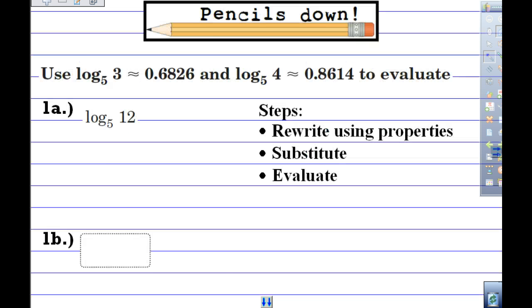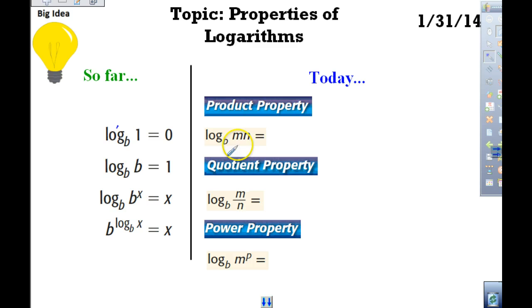Okay, so let's go back. Once again, when I'm multiplying two logs together, it's the same as adding those because they're exponents. When you multiply, you add exponents, and when you divide, you subtract exponents. And of course, these are all the same base.